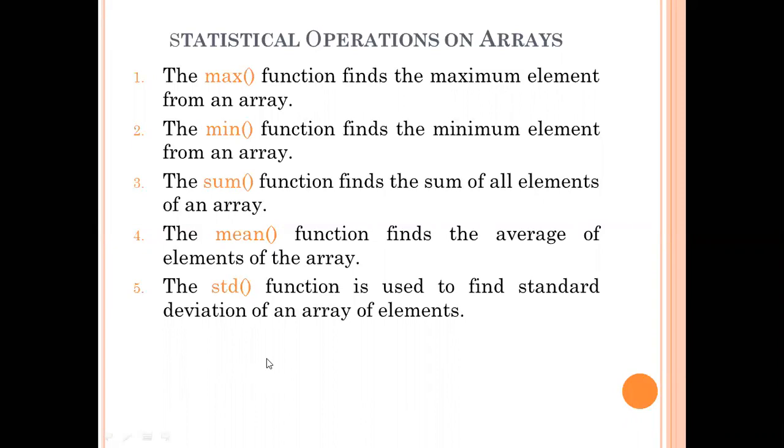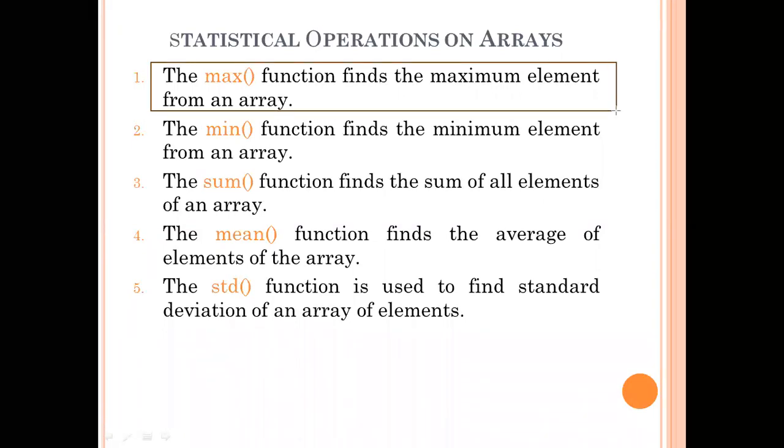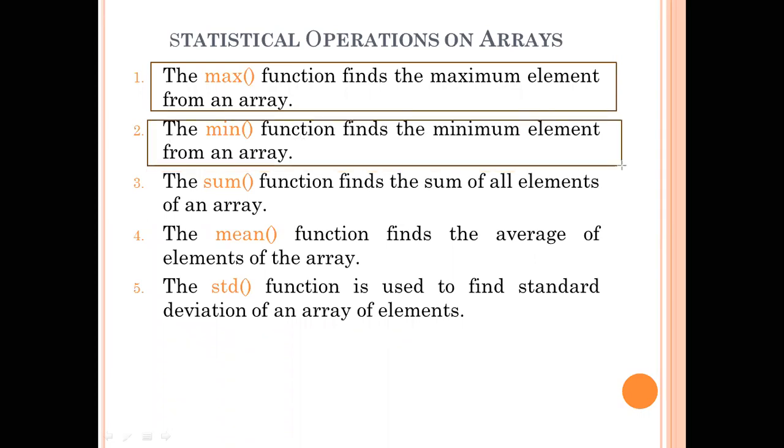The max function is used to find the maximum element from an array, min to find the lowest element. Sum adds all the elements. Mean is used to find the average of the elements, and std means standard deviation, which is used to find the spread of all elements.